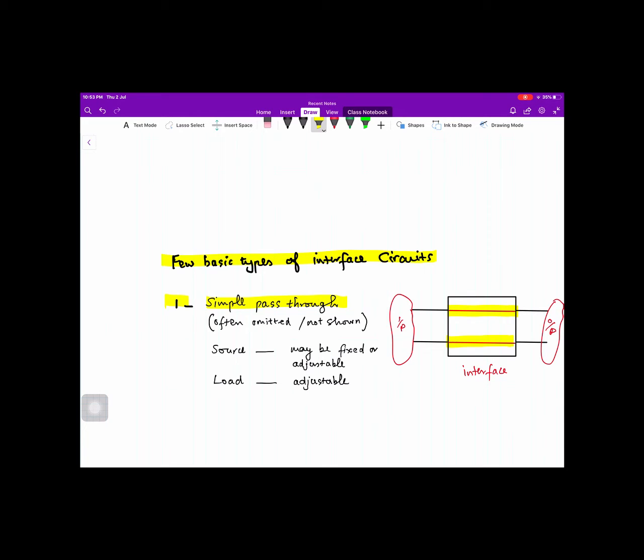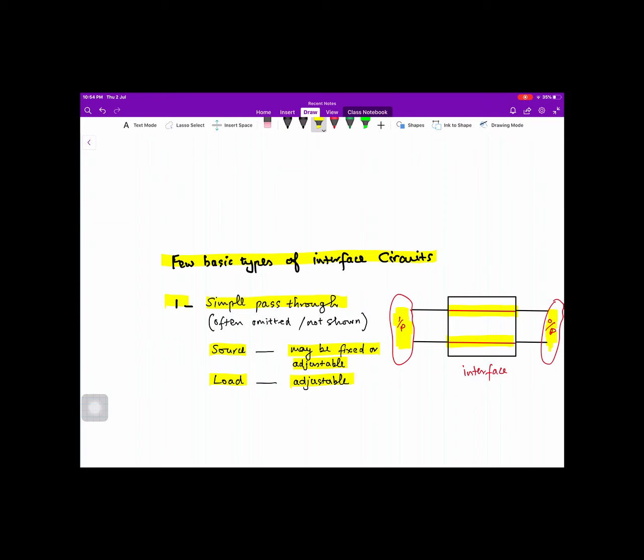we have a source circuit at the left hand side, and this source may be fixed or adjustable. This is very important. We will discuss an example where the source is fixed. Looking at the output, the load is however adjustable.